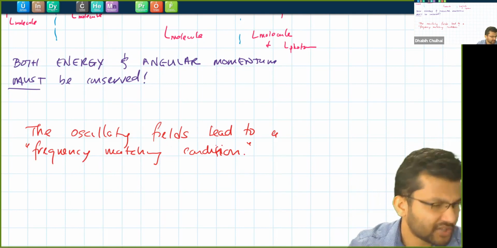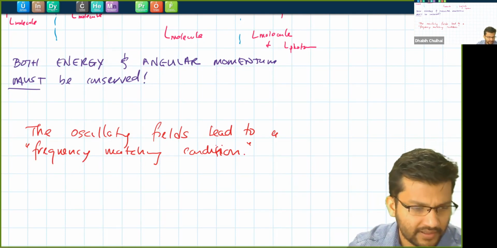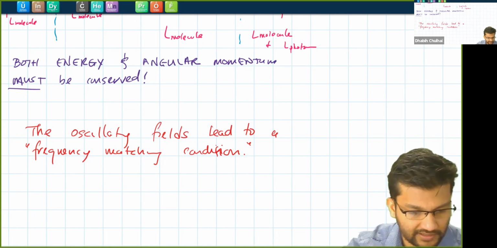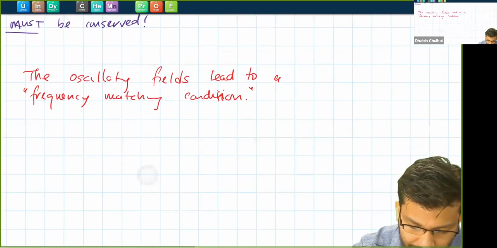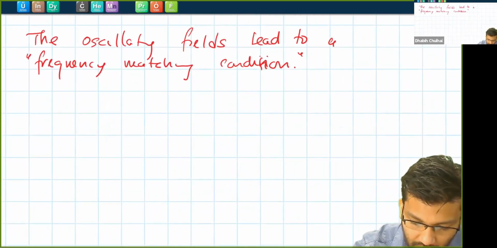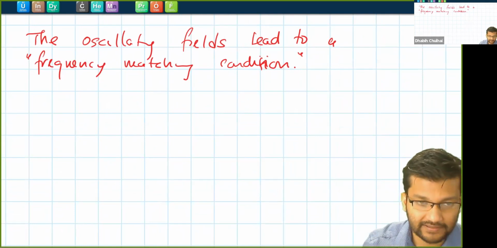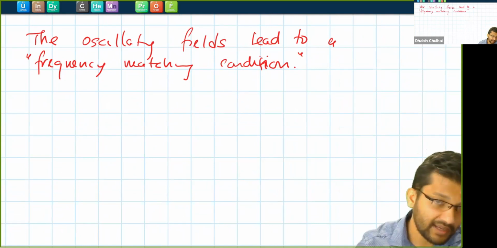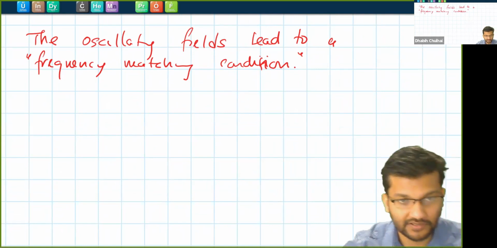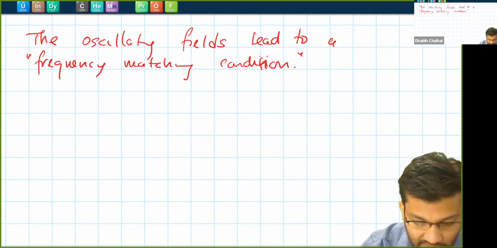So how do we keep track of that? How do we know whether the molecule absorbs this oscillating field? Well, that is actually reflected in the intensity of the spectrum. And ask me questions because this is all very different from what we've done so far. So please ask questions if anything seems confusing.